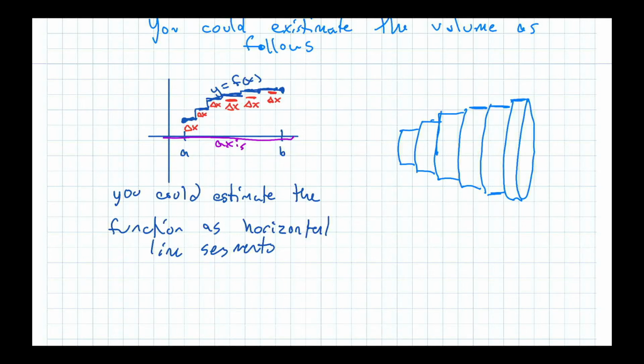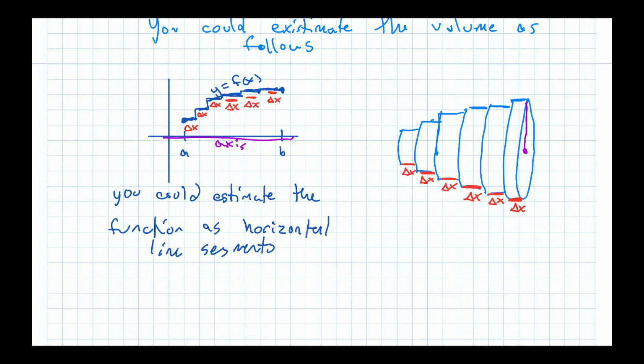On the picture here, every one of these has a delta x width or height, like that. And each of them has on its edge a circle. We're looking at this at an angle, so this is a circle. We know how to calculate the area of a circle, but you would need to know the radius.